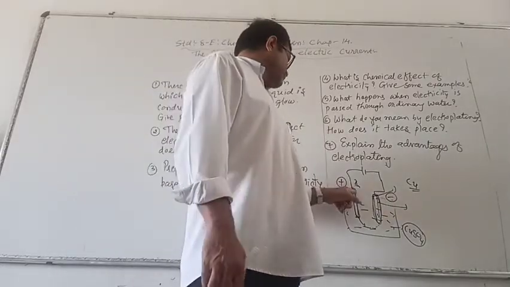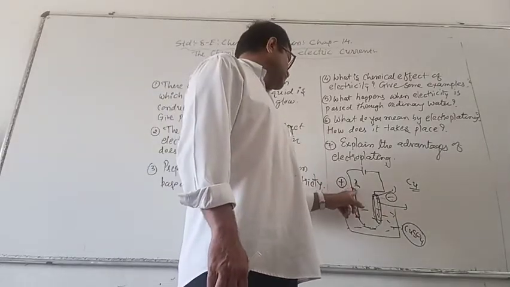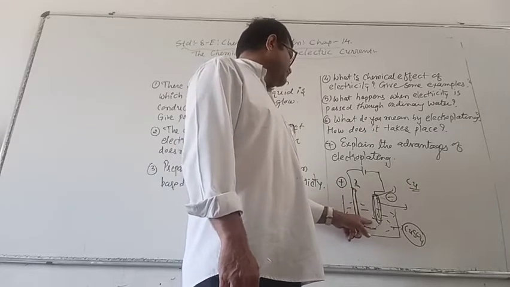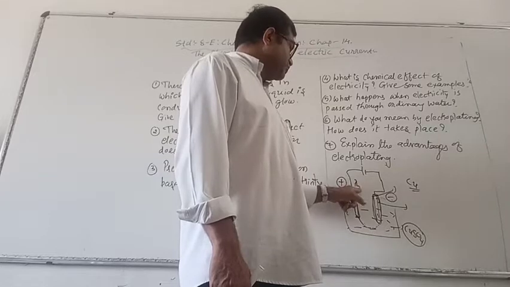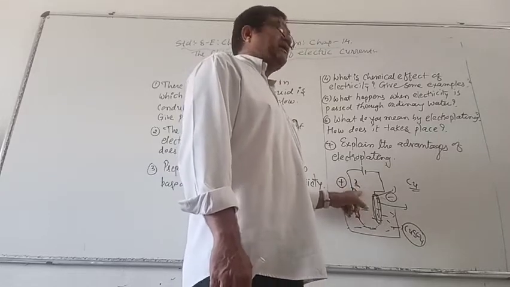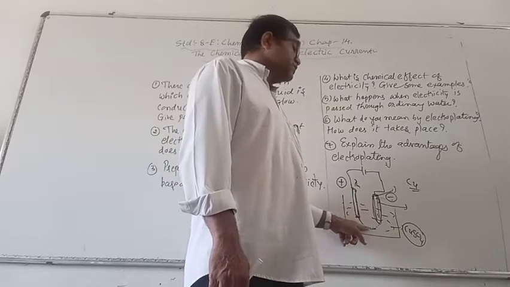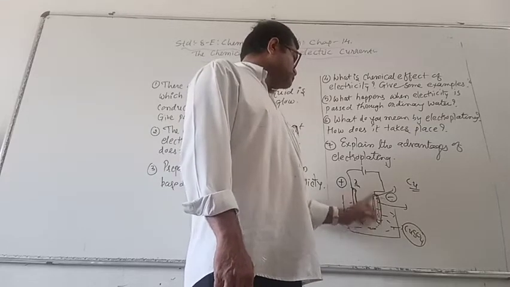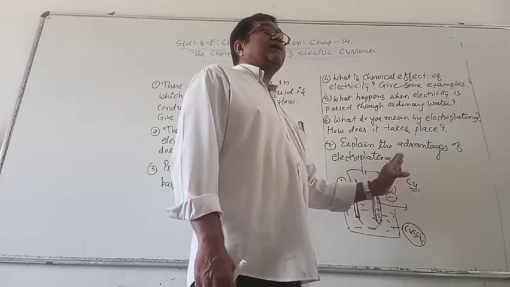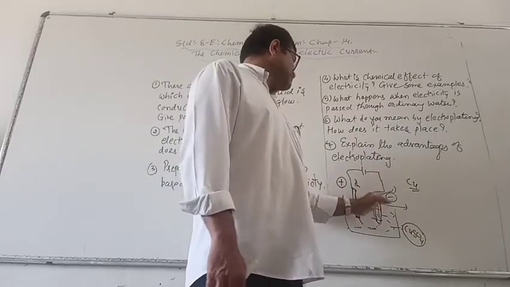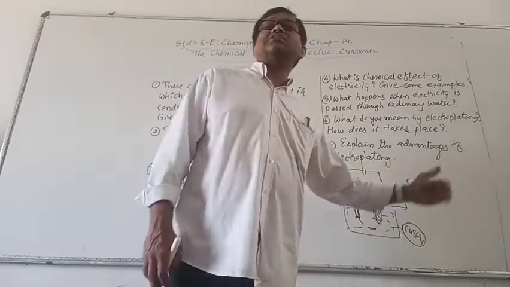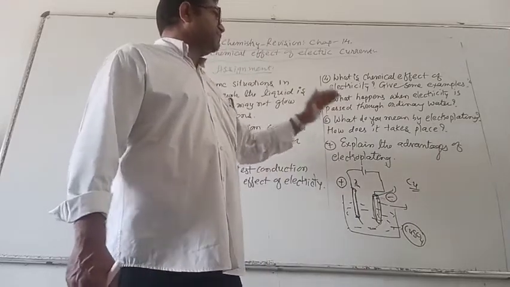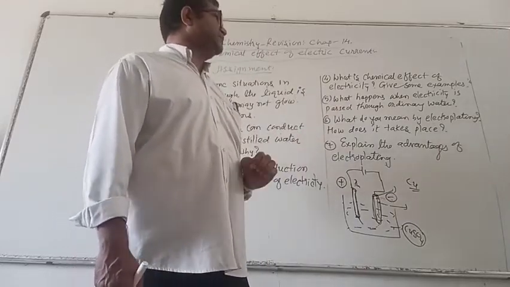From the positive electrode, the copper will go into the liquid, get purified, and goes on the negative electrode, and then the pure metal will be obtained on the negative electrode. So that is the process of electroplating.